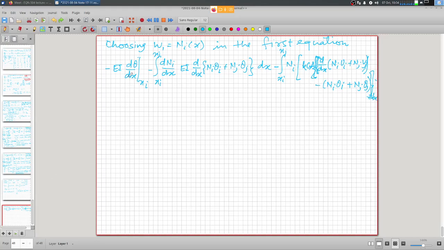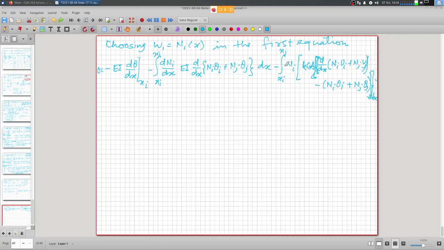That is the first equation, and by choosing W equal to Nj, we will have another equation by substituting Ni with Nj as the weighting function, and these two provide two equations in terms of the variables Vi, theta i, Vj and theta j.